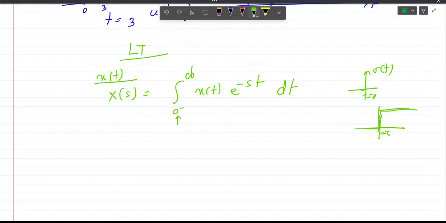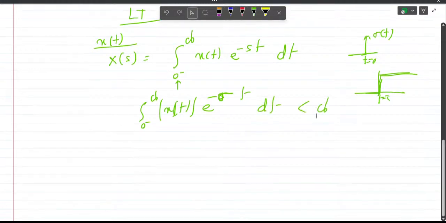For example, a constant current source has a limited current and power, and a constant voltage source has a limited voltage and also power. So for this to be Laplace transformable, the integral of the absolute value of x(t) e to the power minus sigma t dt should be less than infinity.